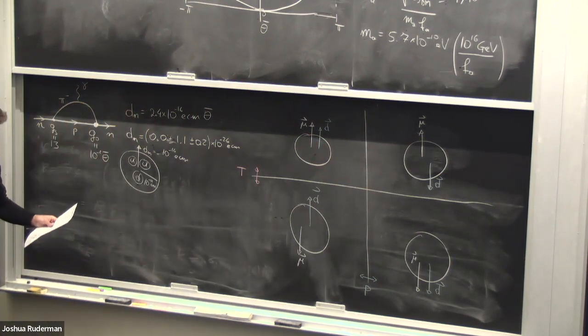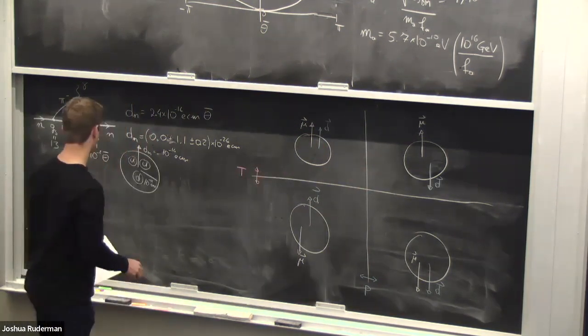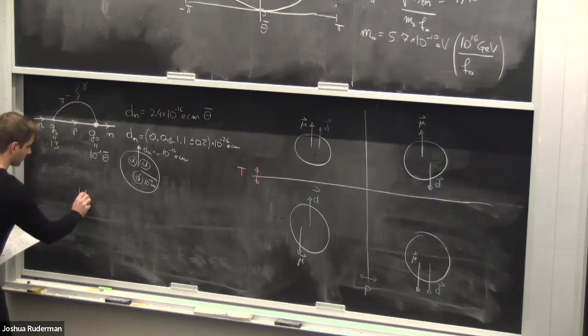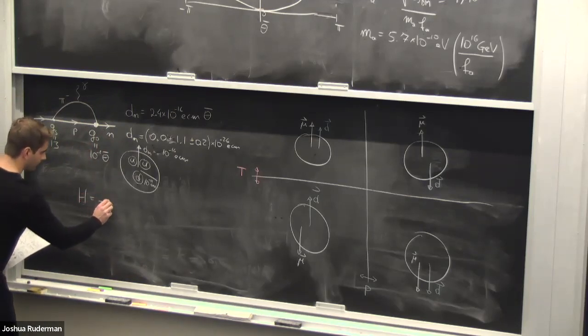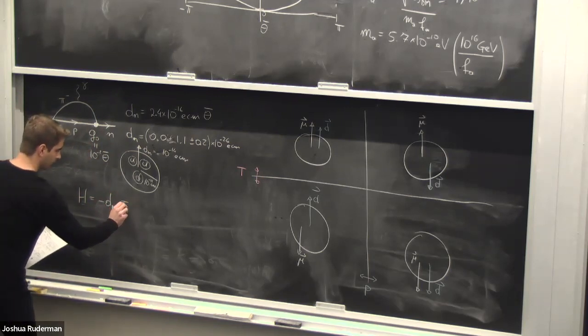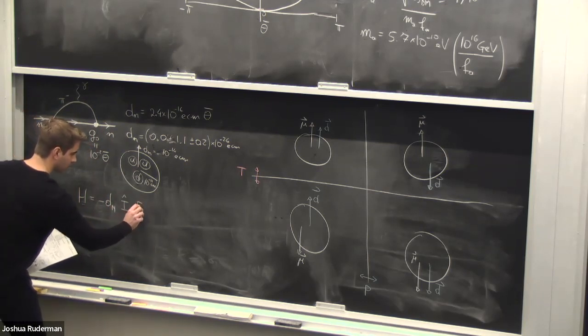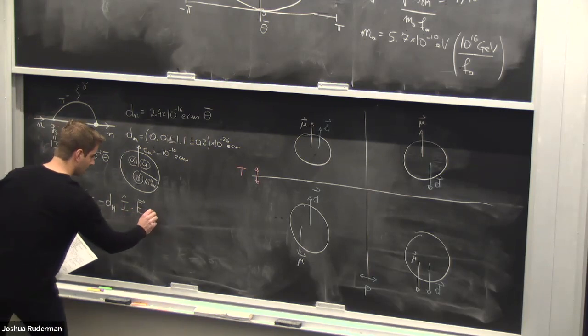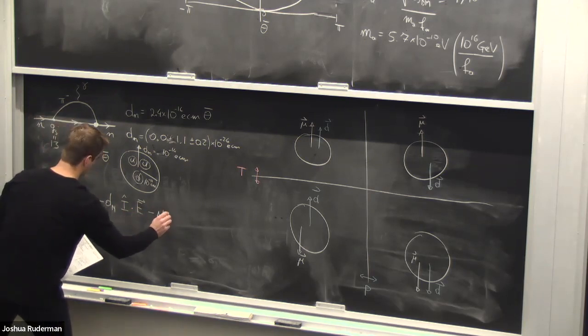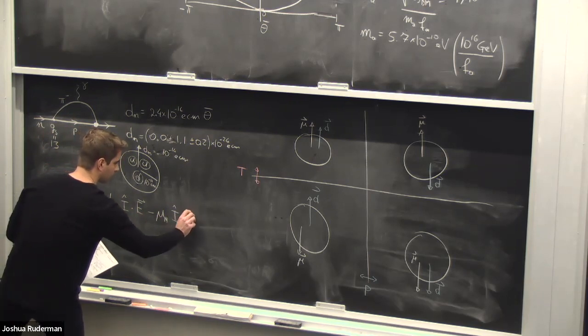Questions? Okay. So the way this thing is actually measured: the Hamiltonian is minus, let's say, a nuclear electric dipole moment times the unit vector pointing along the nuclear spin, dotted into the E field, and then likewise the magnetic moment dotted into the B field.